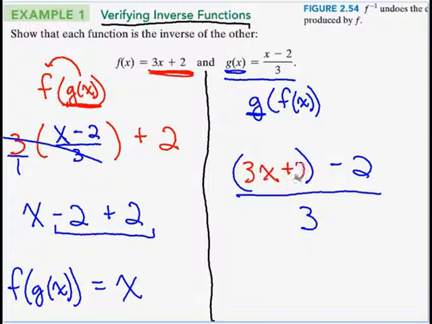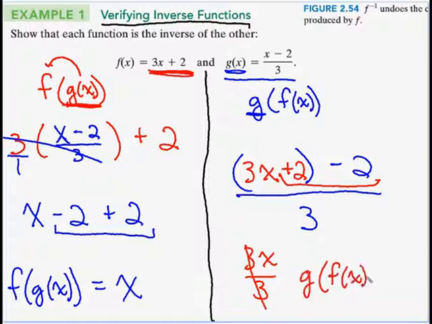So that's 3x plus 2 goes in for the f function. Well, the plus 2 and minus 2 cancel, so we're left with 3x over 3. And the 3's cancel. So g of f of x is also equal to x. And we verified that each function is the inverse of the other.